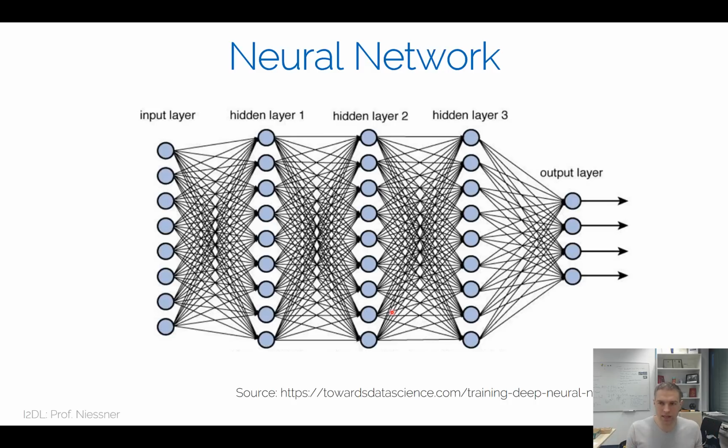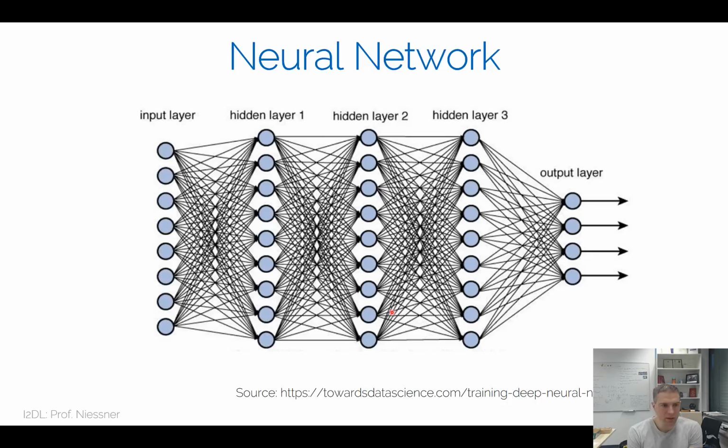We want to approximate the data distribution of our train set to the best of our ability, and then we hope it's generalizing. It's always the very same machine learning concept that we want to apply here. And we want to learn these weights based on optimization, which we're going to talk about later. And we want to stack many of these layers to make our model complex enough to represent complicated distributions.